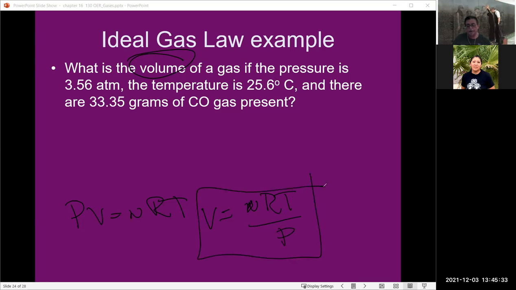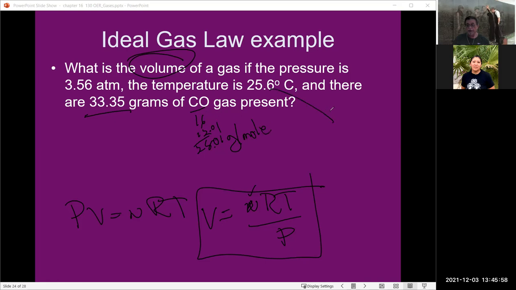That is the equation that we're going to utilize, okay? So we need to know the number of moles. We got 33.35 grams, so that means that we need the molar mass of carbon monoxide. So we got 16 and 12, so you got 28.01 grams per mole, molar mass, okay?